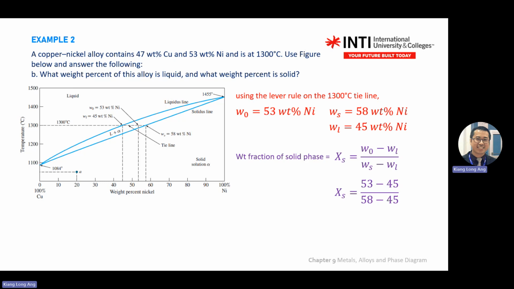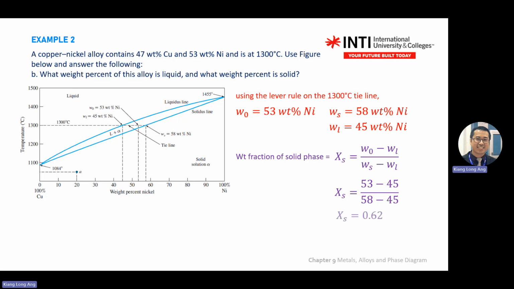So you take the difference of percentage, the length of LO. So you take 53 minus 45 as the distance of this length, divided by the total length. Total length is 58 minus 45.